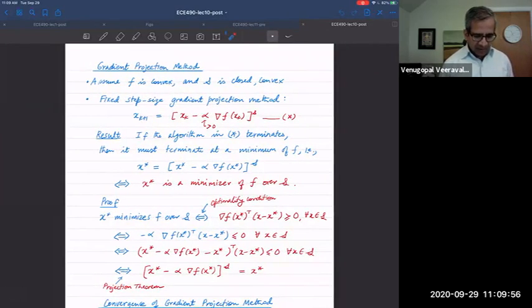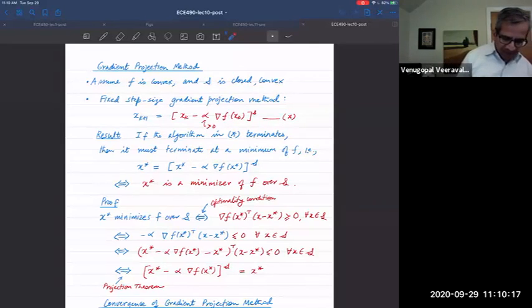Okay, and then we used these results to discuss the convergence of what's called the gradient projection method, where basically you do gradient descent, but at each step of the gradient descent, you project onto the constraint set S, to make sure that you're always in the constraint set. And we showed that this method will actually converge to the minimum if F is convex.